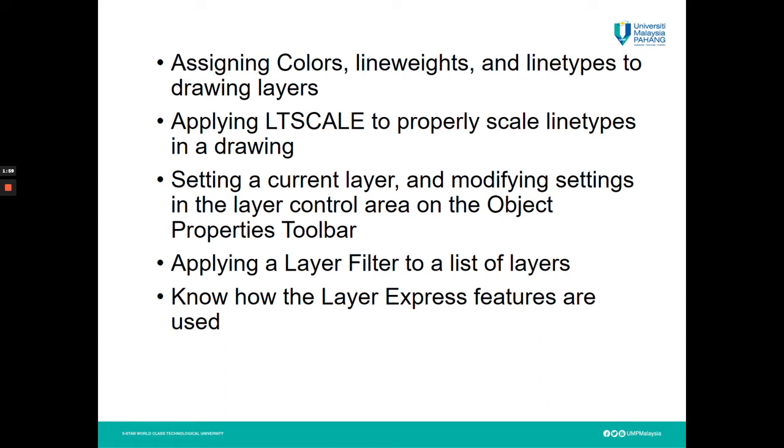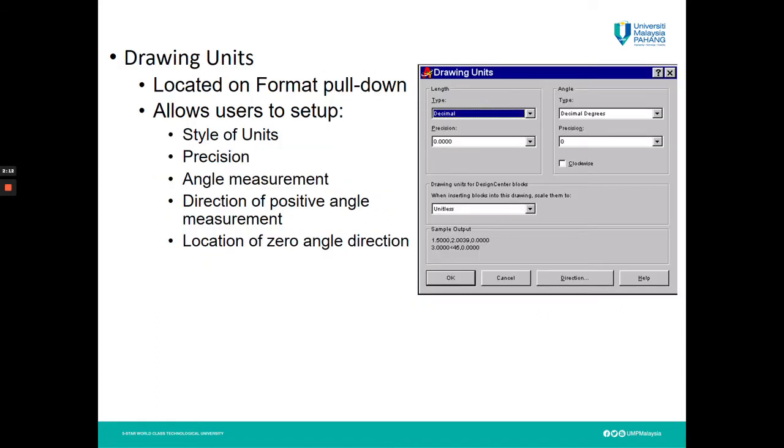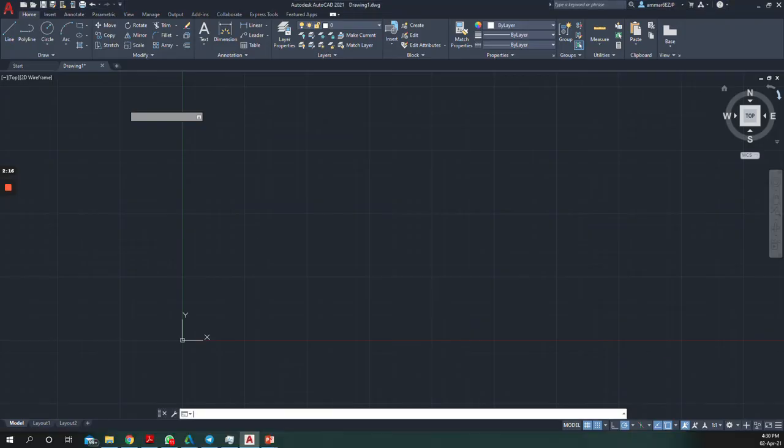Then we apply the current layer and modify the setting in the object properties toolbar, as well as applying filter to the layers, and know a little bit about express features in the layer properties. So without further ado, we will focus on the AutoCAD.